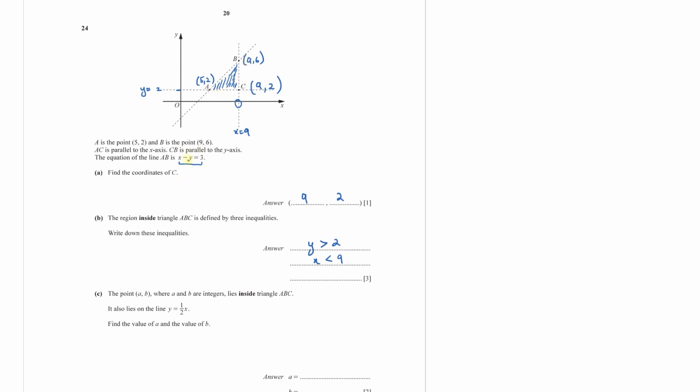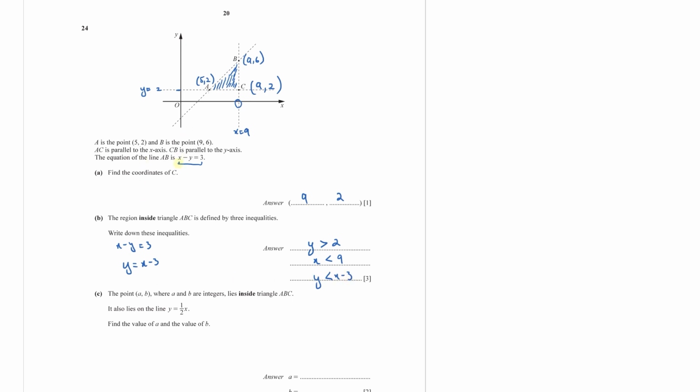But let's first make y the subject of this equation and then write the inequality just to make sure we get it right. So x minus y equals 3. If I take y to the other side and bring 3 here, I get y equals x minus 3. Since this region is below this line, my inequality would be y is less than x minus 3.